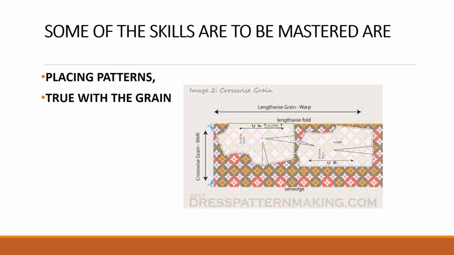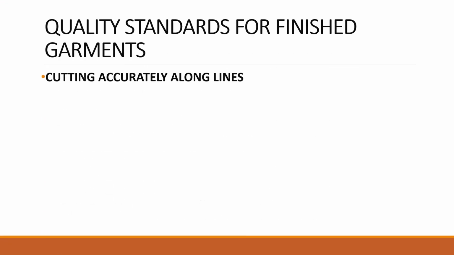Placing the pattern in line with the grain is very important, and an enormous amount of skill is required for that. One must master it. Here also the cutting accuracy is very important along the lines. When the cutter is there, we should cut along the lines that have been marked.